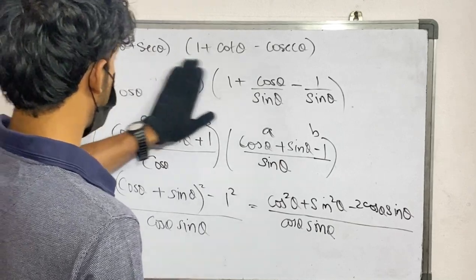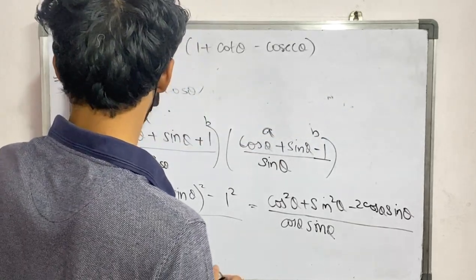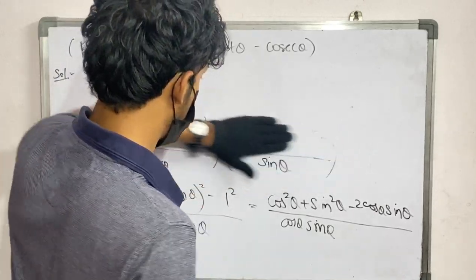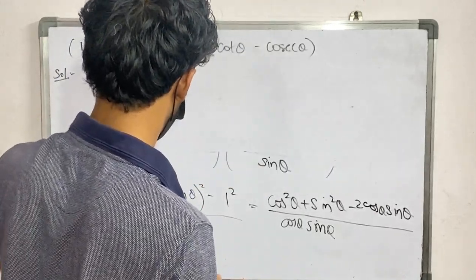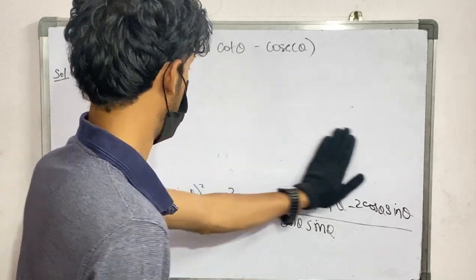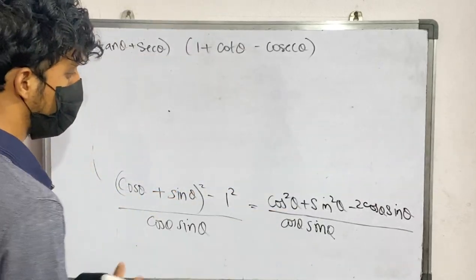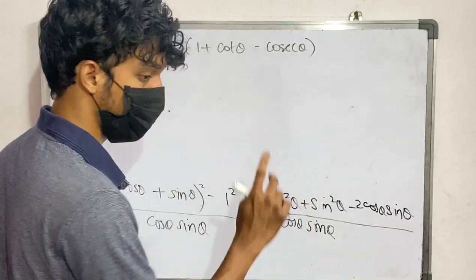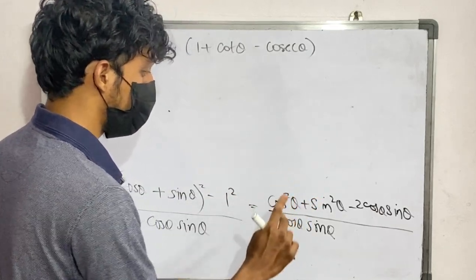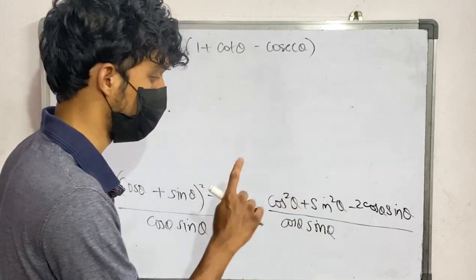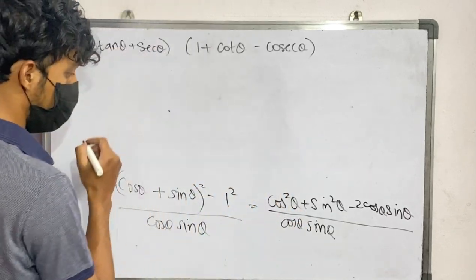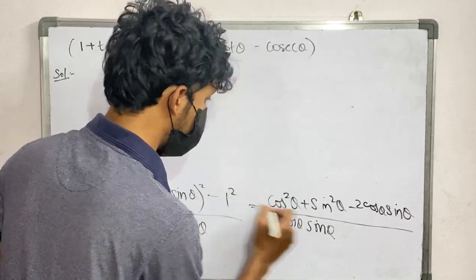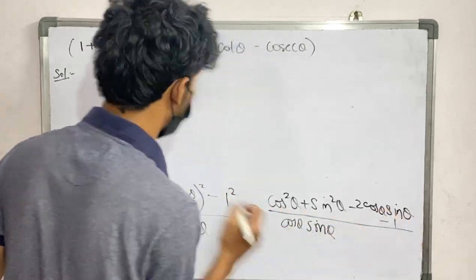Now I am erasing this part. After that we have written this. This becomes an identity of trigonometry, that is cos square plus sin square, or sin square plus cos square, is equal to 1. I have missed this term minus 1, so I am writing here minus 1.